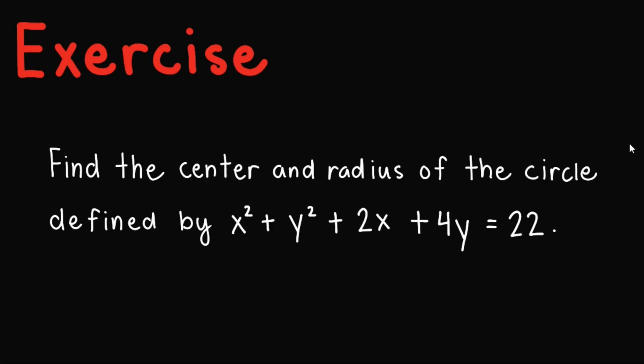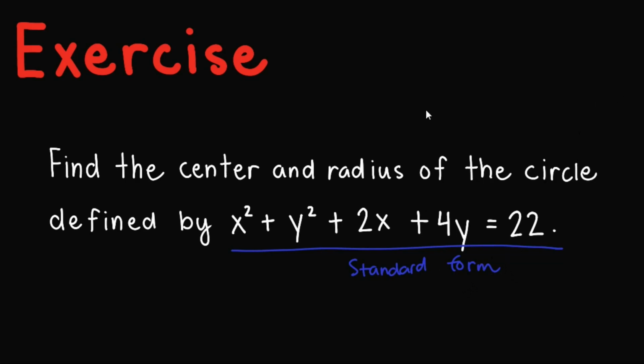So you might be wondering, since this one out here isn't in the center radius form. Rather, this one is actually in its standard form. You can check the previous video since I mentioned something about the standard form.